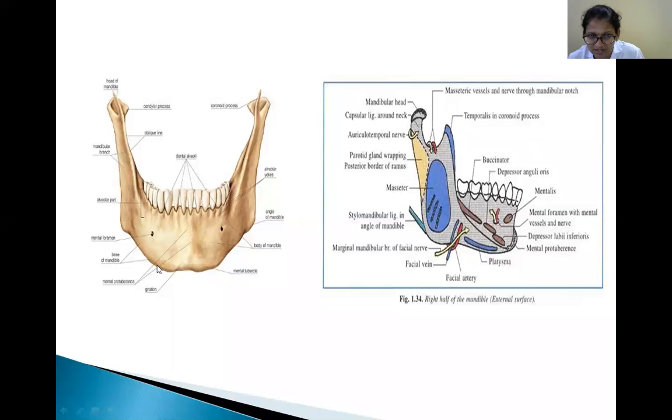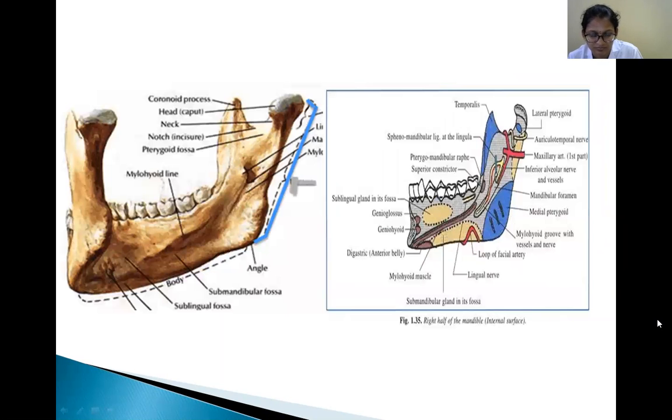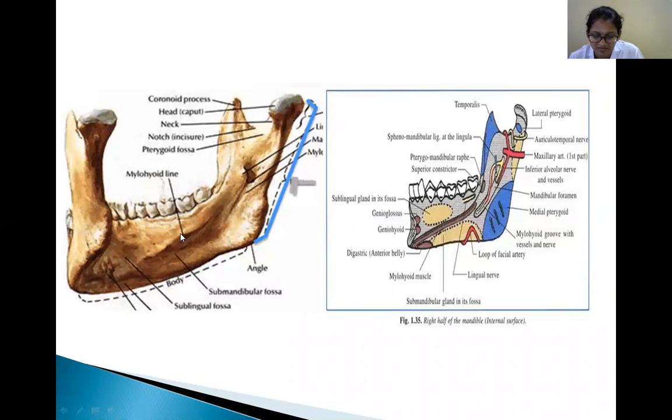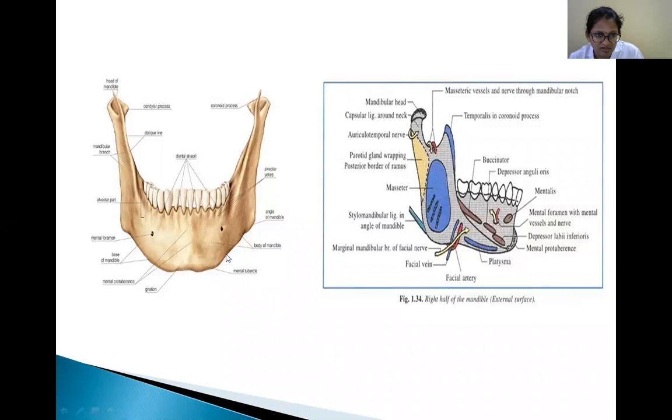Along with that, it gives attachment for the platysma muscle, one of the neck muscles, which gets inserted here in the base of the mandible. See, this is about the body of the mandible. It consists of two surfaces, external and internal, and two borders, the upper alveolar border and the lower border or base.